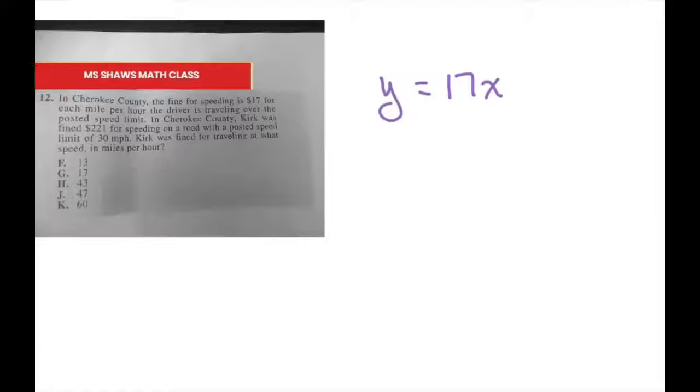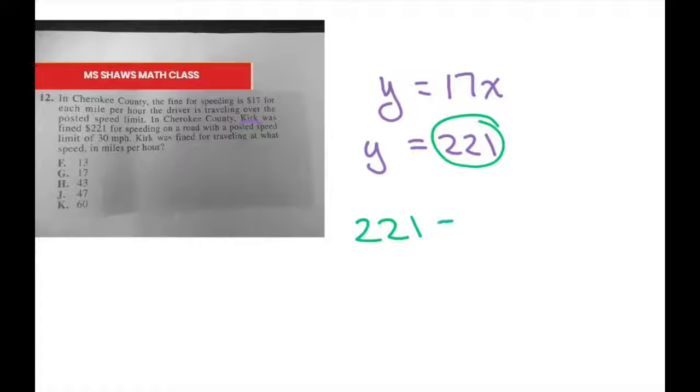So this guy Kurt was fined $221, so that's your y. And all you're going to do is solve for x. So substitute in your y, and you get 221 equals 17x. And when you divide, you get x equals 221 divided by 17, which gives you, let's see, you divide that out, you get x equals 13.